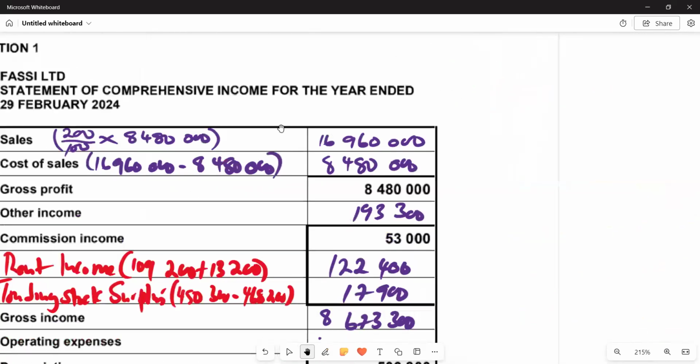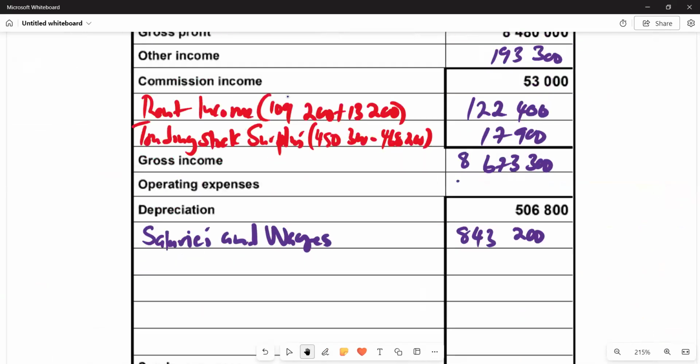So we'll go to the other section on directors' fees. On directors' fees we are saying we have got 2,300,000 plus 100,000.